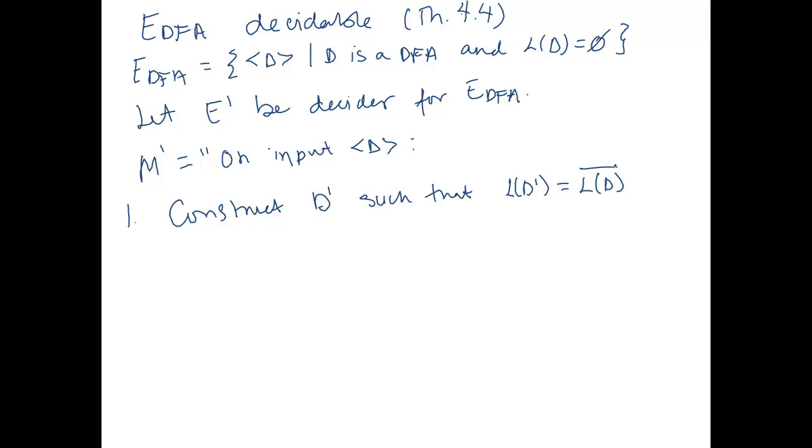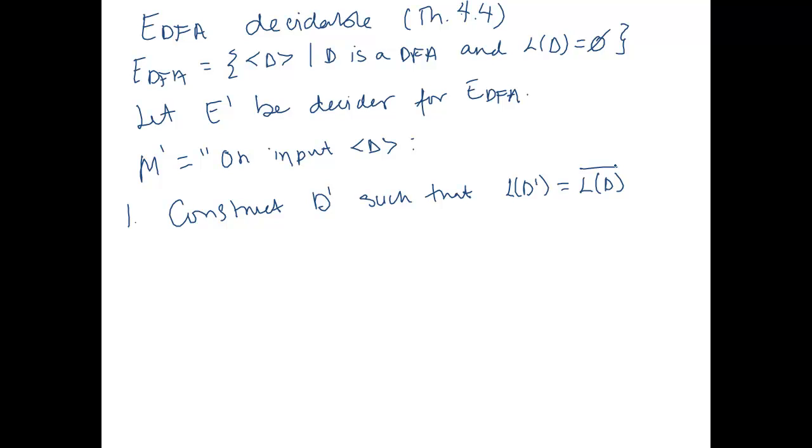If I take all of my final states and I make them non-final states, and then I take all of the previously non-final states and make them final states, now every time I entered into a final state in the original DFA, and therefore I would have accepted that string, I'm now going to enter a non-final state and I'm going to reject that string. Likewise, every time I ended up, after reading all my input, in a non-final state, that state has just become a final state, so I'm going to accept that string.